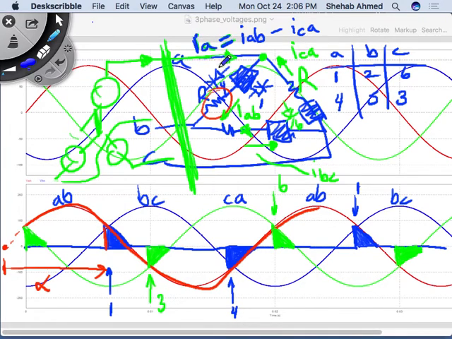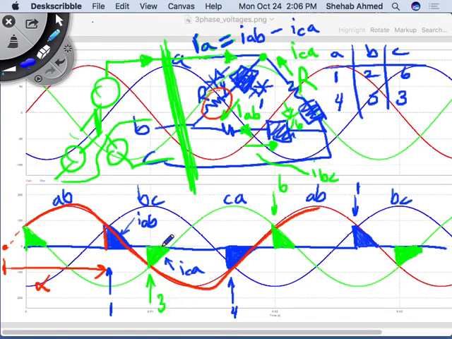So how do I calculate this? This blue one is IAB, exactly, and this green is ICA. So how do you draw waveform IA? IA is this minus this. This is positive and there's no corresponding ICA, so it's 0. And then how about here?